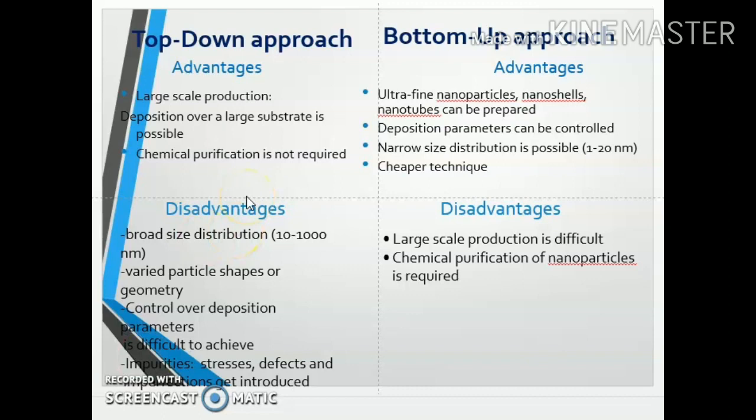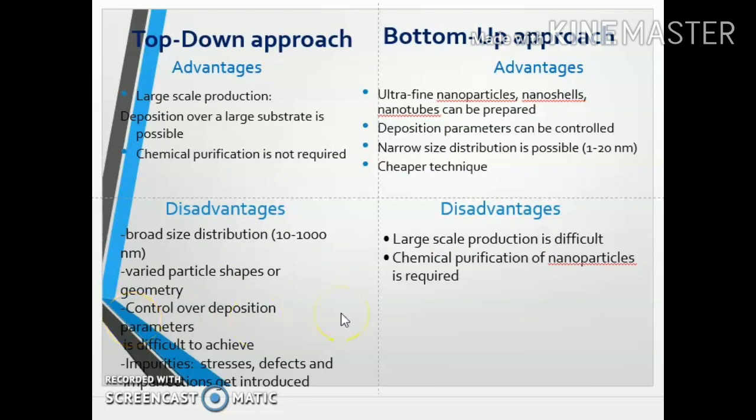This varied particle shape or geometry can be obtained as we are using different machining techniques for bringing the size down to the nanoscale. In such techniques, the shape of the particle may vary from particle to particle depending upon the forces applied on the substrate or substance.